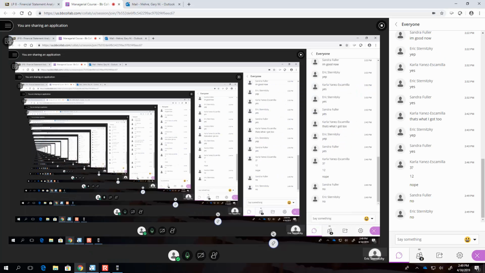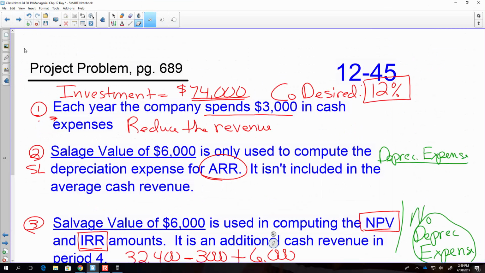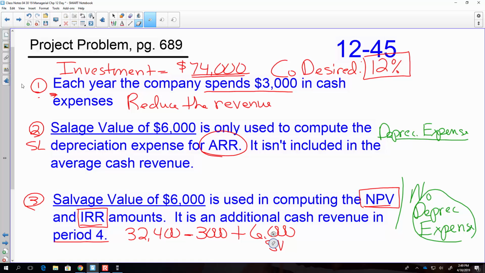Okay, perfect. What I want to end our class discussion with is, I'm not sure where you guys are at on problem 45. We have talked about this. Are there any questions regarding 12-45 that you can ask right now?